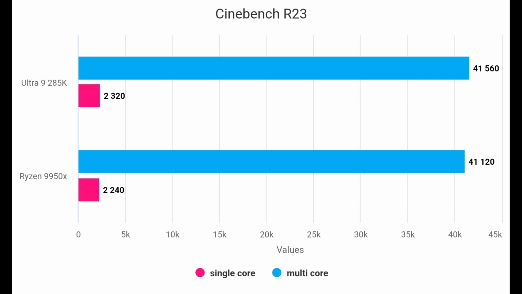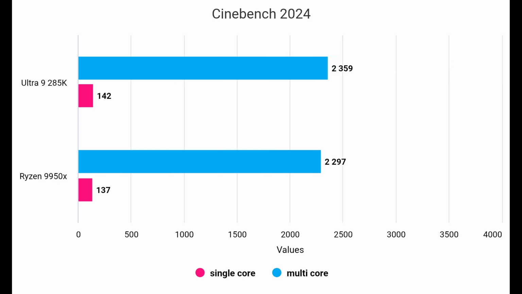R23 multi-core: Ryzen 9 9950X is 41,120, and Intel Ultra 9 285K is 41,560. Cinebench 2024 single-core score: Ryzen 9 9950X is 137, and Ultra 9 285K is 142.